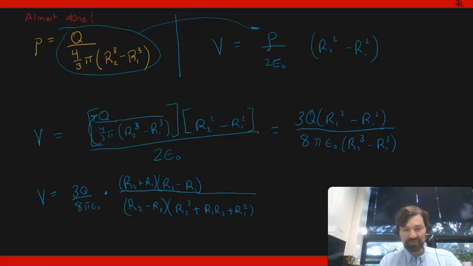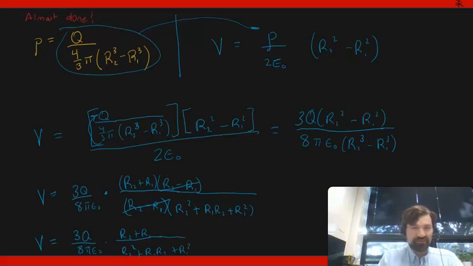And when we do that, we see that we have an R2 minus R1 both on top and on bottom. So if we wanted to simplify this equation further, what we end up with is 3q over 8 pi epsilon naught times R2 plus R1 divided by R2 squared plus R1 R2 plus R1 squared.